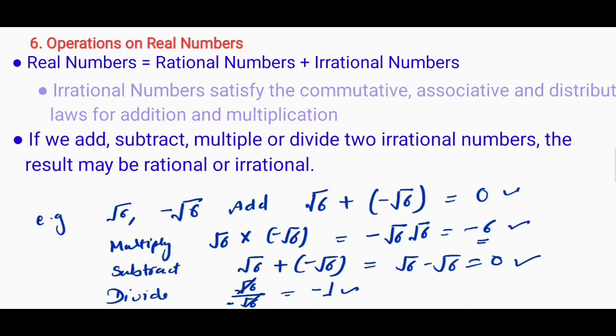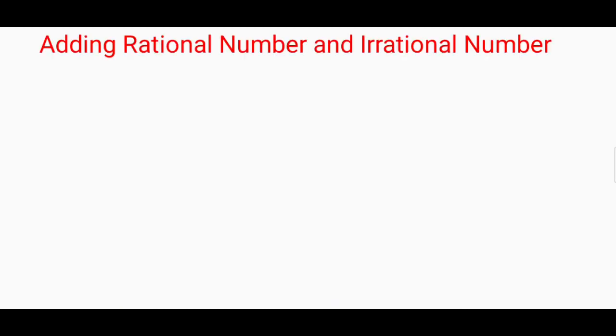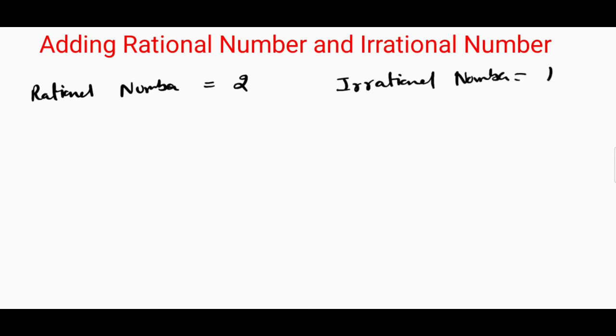Now let's see what happens when we add or multiply a rational number with an irrational number. Let's take the rational number equal to 2, and I'll take the irrational number as square root of 3.